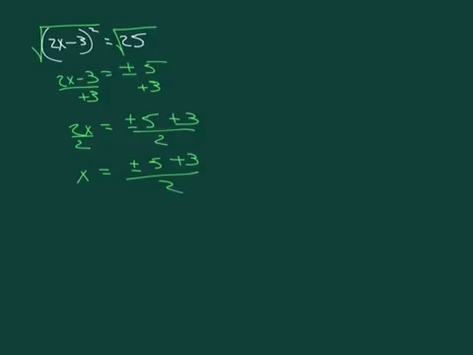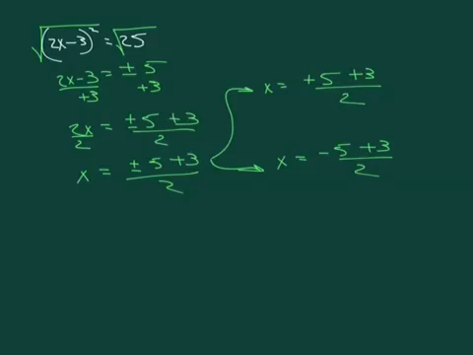Now let's split them up. So we have x equals plus 5, and we have x equals negative 5. Okay, and since we have a plus and a minus.